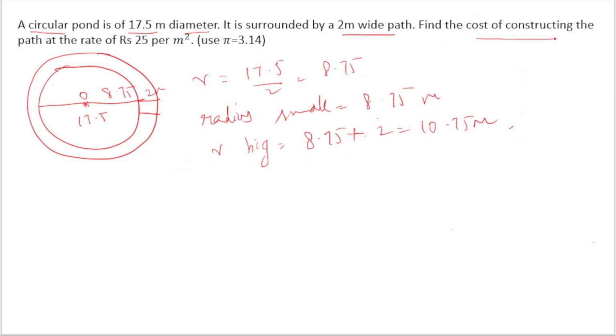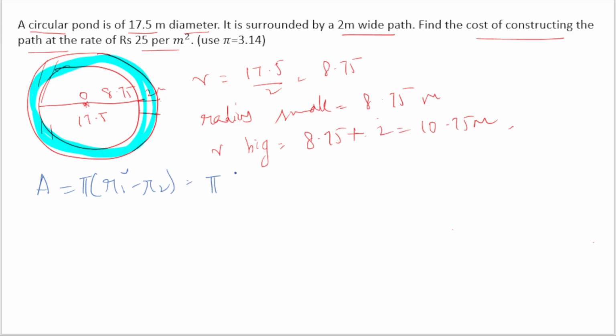We have to find the cost of constructing the path at the rate of 25 per meter square. So we have to find the area between the two circles. What is the area between the two concentric circles? It is pi into r1 square minus r2 square. It is pi into radius of bigger circle 10.75 square minus radius of smaller circle 8.75 square.